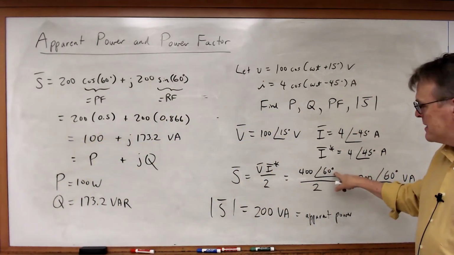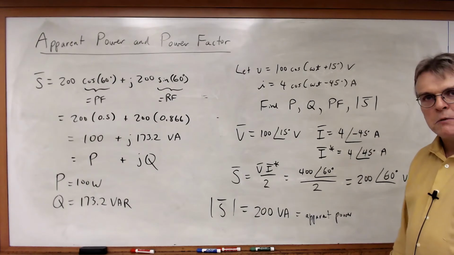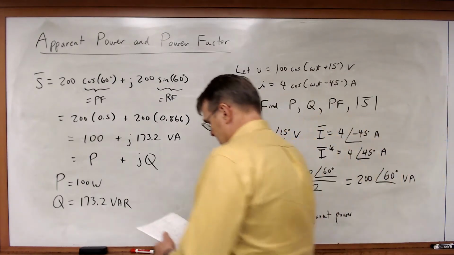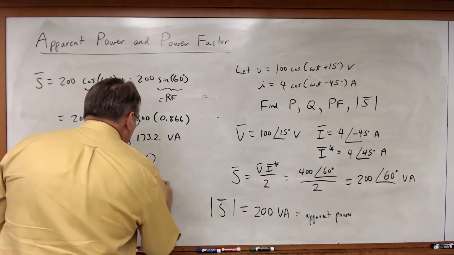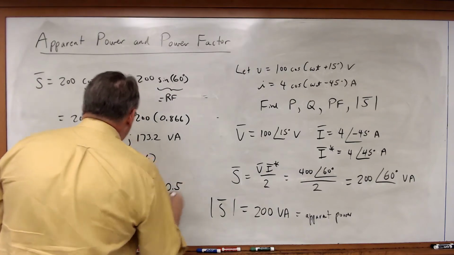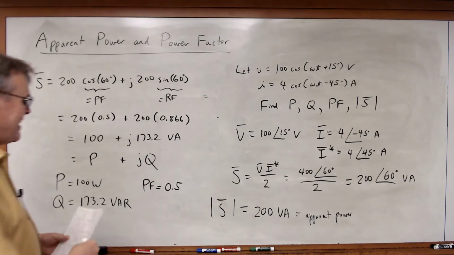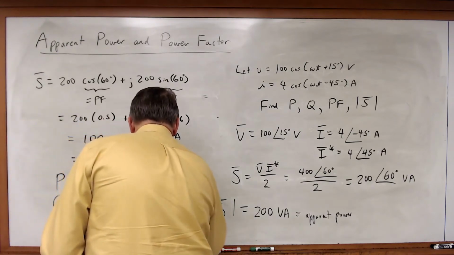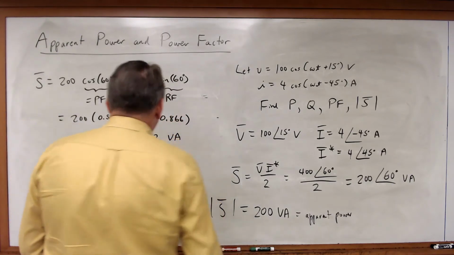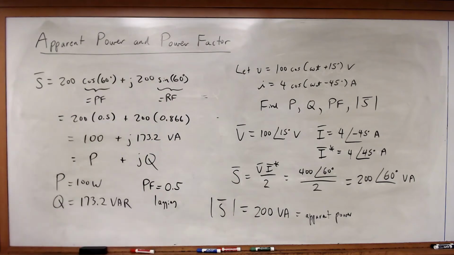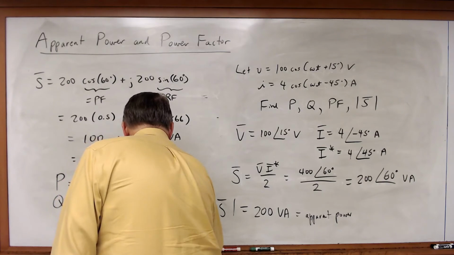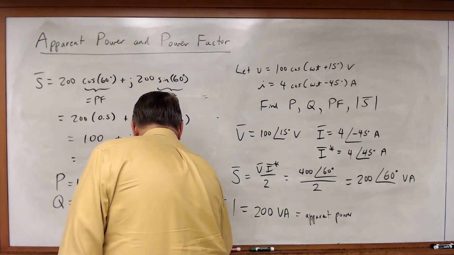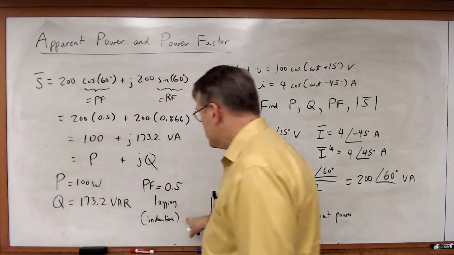We note theta sub V minus theta sub I is positive. It's equal to 60 degrees. Which means that my power factor is equal to 0.5, lagging. In other words, this is an inductive load. Now, this shouldn't be any surprise.